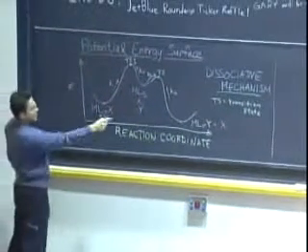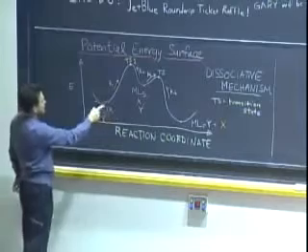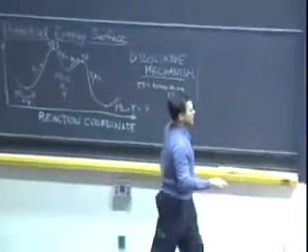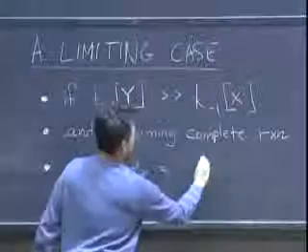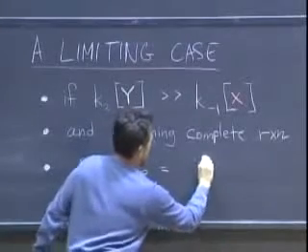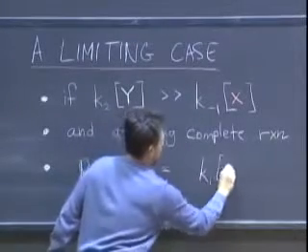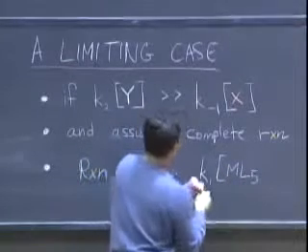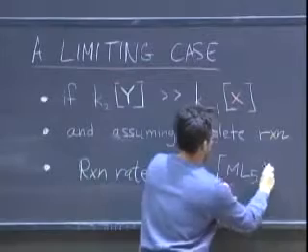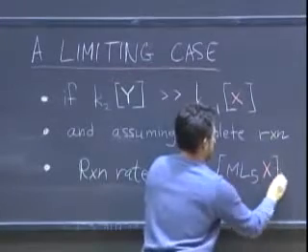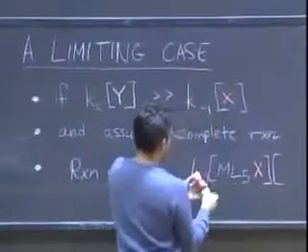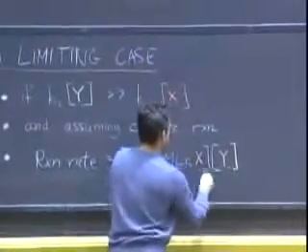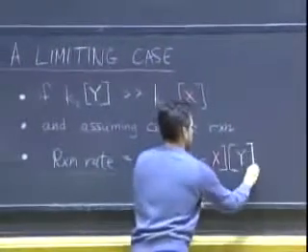And under the conditions of those assumptions, the reaction rate is going to depend on K1 times the concentration of the starting material times the concentration of our entering group Y. Okay?